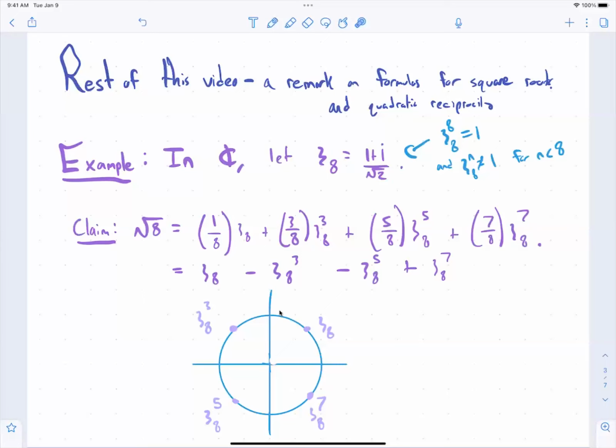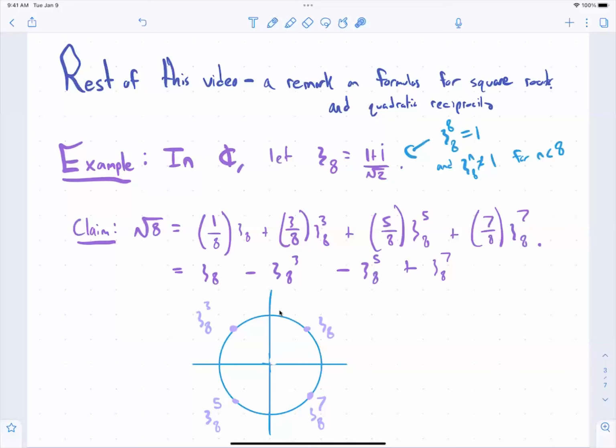In general, you want a primitive nth root of unity, so look at the number on the unit circle at angle 2 pi over n. That would give you a primitive nth root. You could also write that as e to the 2 pi i over n. Anyway, that's a primitive eighth root of unity.